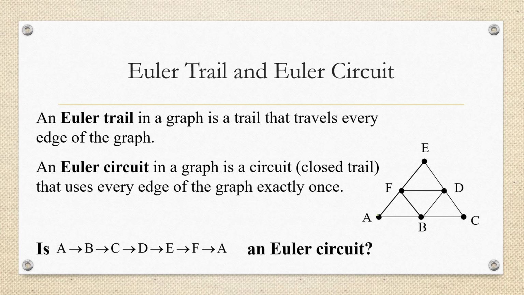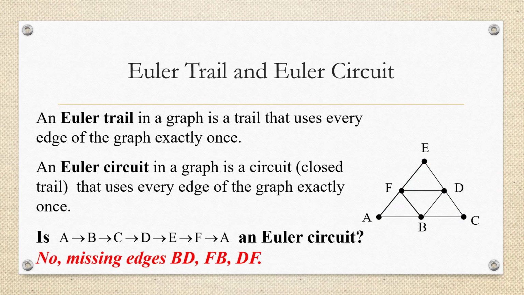I'm going to start at A and go to B, then C, then D, then E, then F, and then go back to A. So this is definitely a circuit because it doesn't visit any edge twice, but it's not an Euler circuit. Why not? Because Euler circuits have to visit every single edge, and we missed the edges BD, FB, and DF.